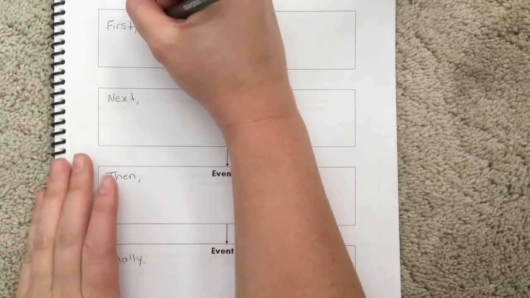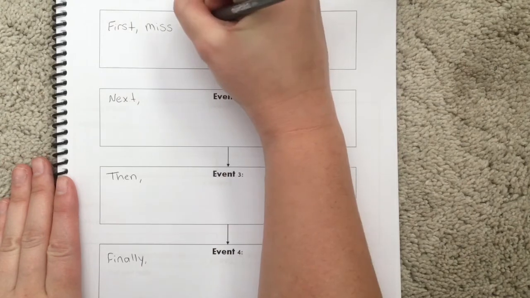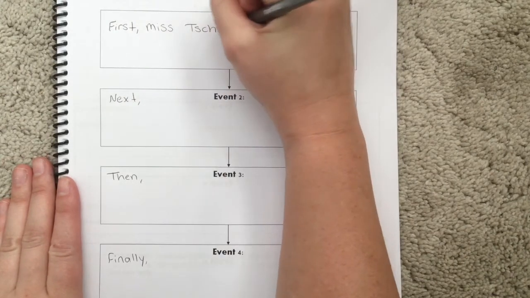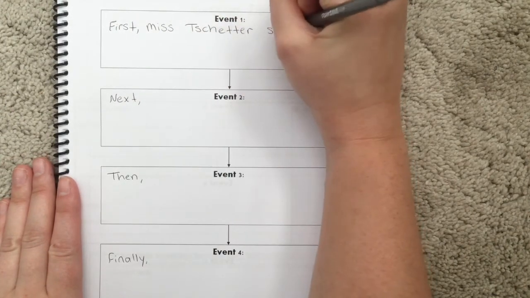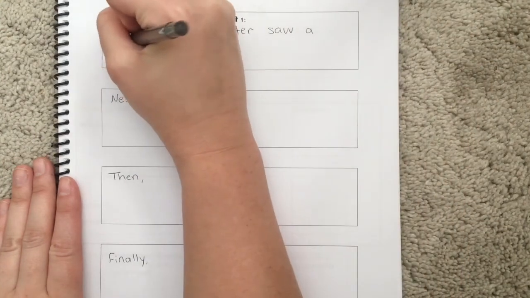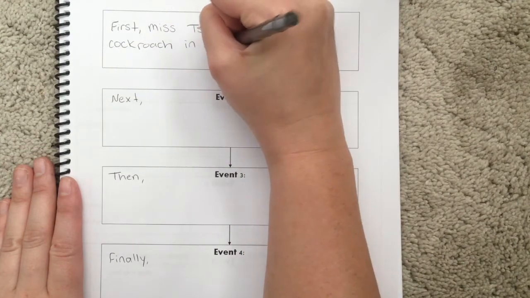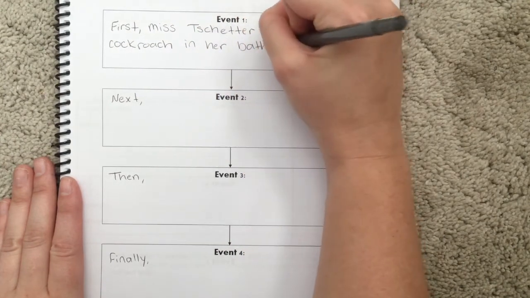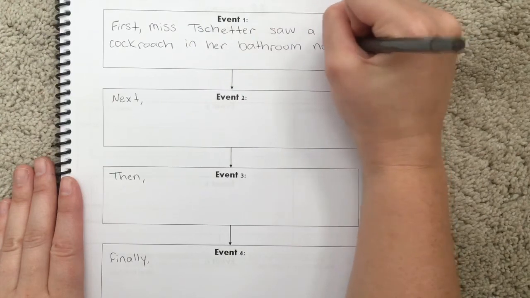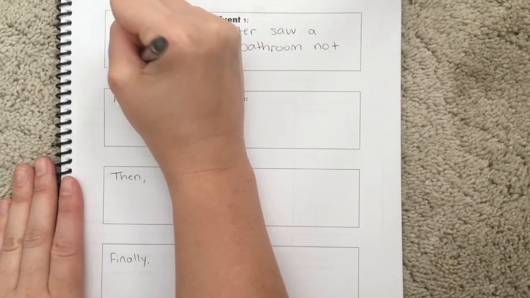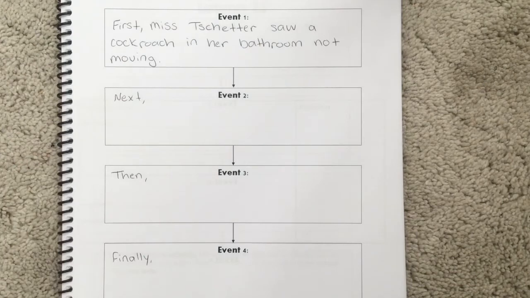So I'm going to say first, Miss Cheddar saw a cockroach in her bathroom not moving. I think that's important because I thought it was dead, but it was not. Okay, what happened next? First, Miss Cheddar saw a cockroach in her bathroom not moving.